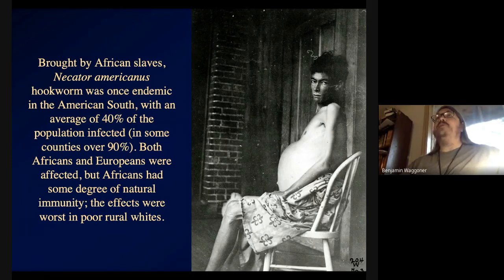But if you're infected by tens of thousands of these, and you're constantly getting reinfected because you're walking around with bare feet, then the effects are really bad. You end up with chronic iron deficiency anemia. When that hits children, it can stunt their cognitive development. If it hits pregnant women, it can increase the risk of miscarriage.